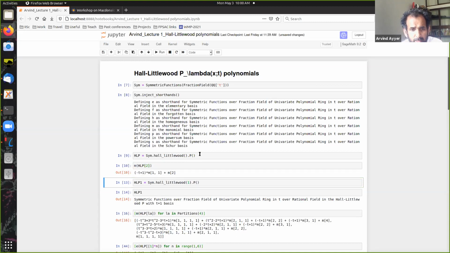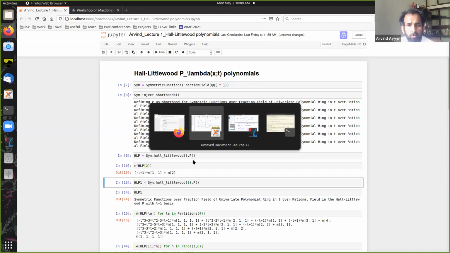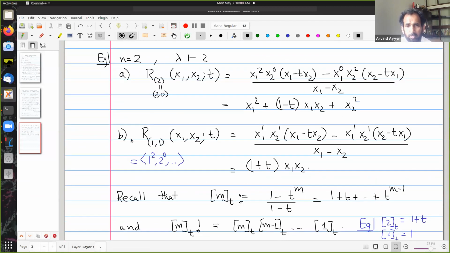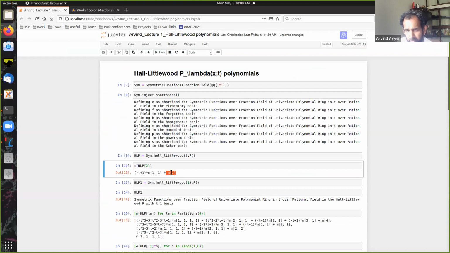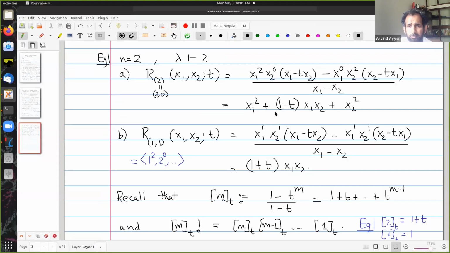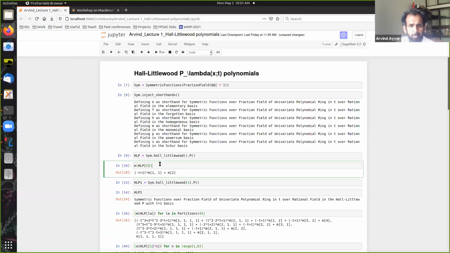If you go back to the example, R2 in two variables was x1 squared plus x2 squared. That's the monomial symmetric function indexed by the singleton partition 2, plus (1 minus t) times the monomial for the partition 1, 1. As you might know, Sage works with infinitely many variables by default, but you can see this in two variables.